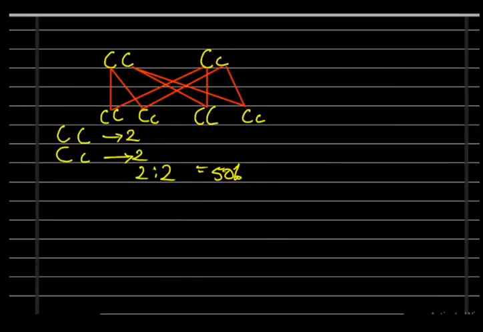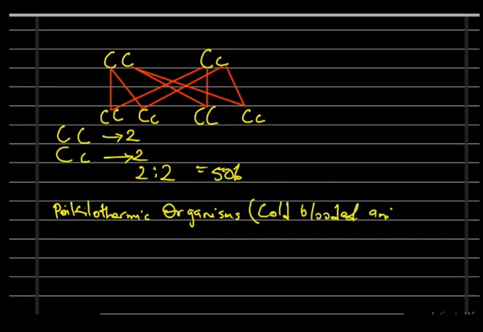It said that lizards are poikilothermic organisms, and this means that they are cold-blooded. They are cold-blooded animals. We have other types of animals which are warm-blooded. For warm-blooded animals, we have them to be homoeothermic organisms.